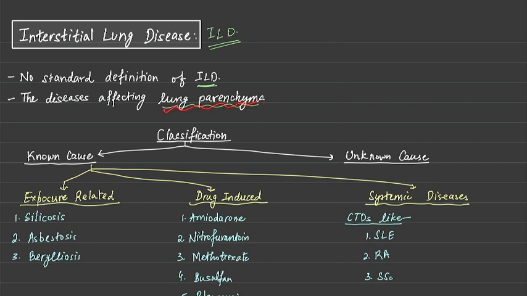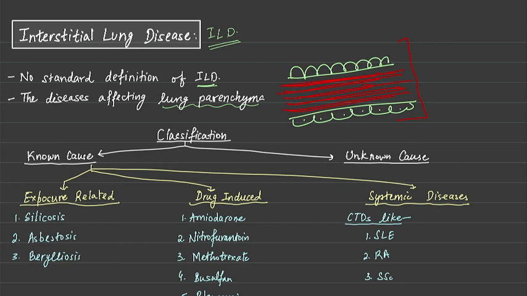are known as ILD. See, the part of the lungs that lies between the alveolar epithelium and the pulmonary capillary endothelial cells, this red area, is called the interstitium, and this whole is called the lung parenchyma.